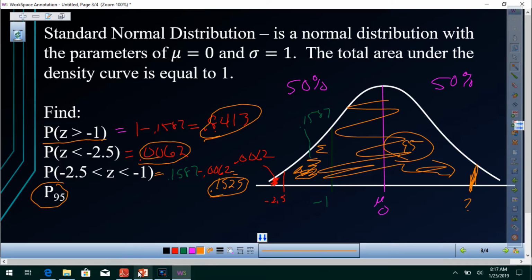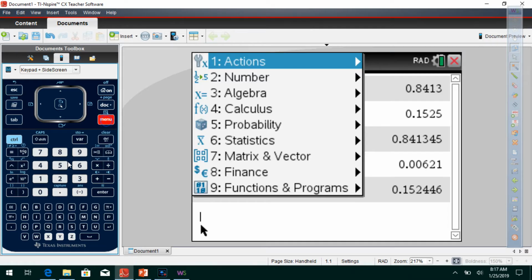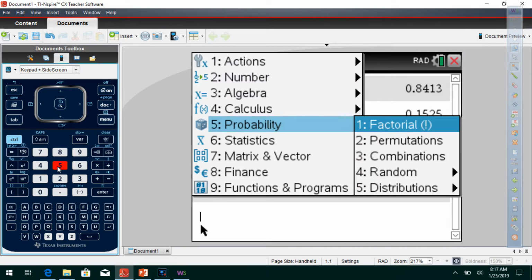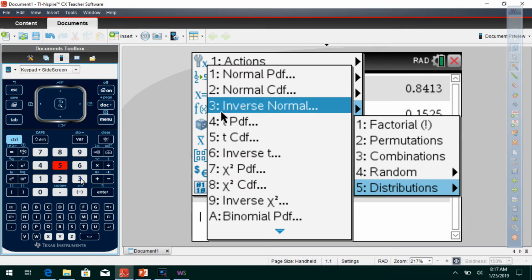Remember these three were menu 5 5 2. This time we're going to do menu 5 5 3. Menu 5 is probability, 5 for distributions, and 3 for inverse normal.